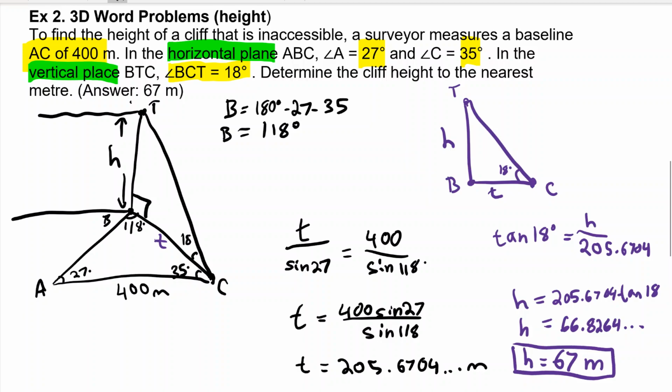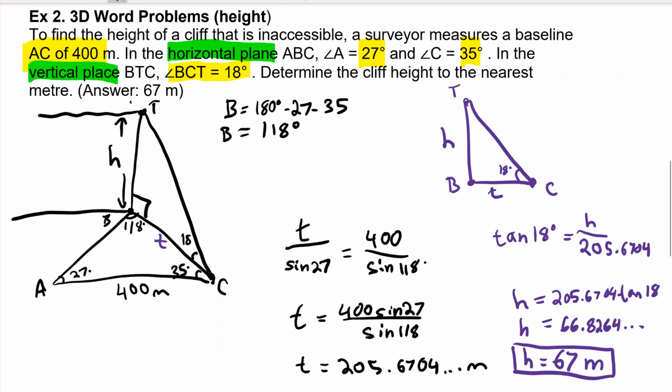And that is how you solve 3D word problems that are looking for a height, like in this question. You're going to have a right angle triangle in the vertical plane, and you're going to have another triangle, not a right angle triangle, in the horizontal plane, and we need to essentially solve for the side that's connected to the right angle triangle.